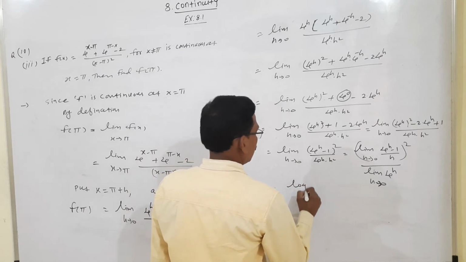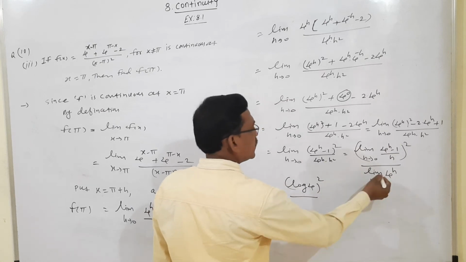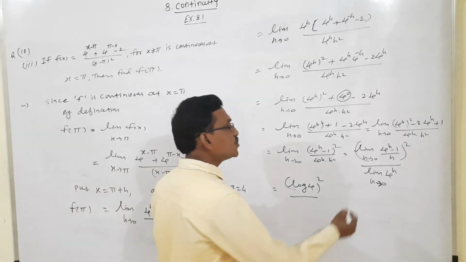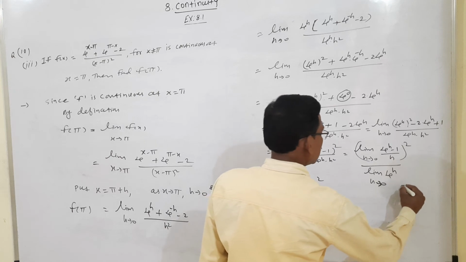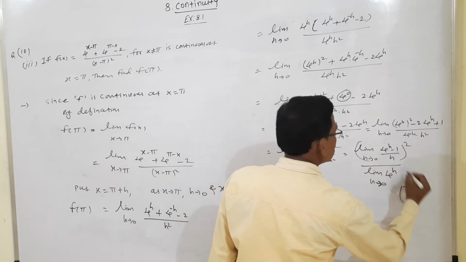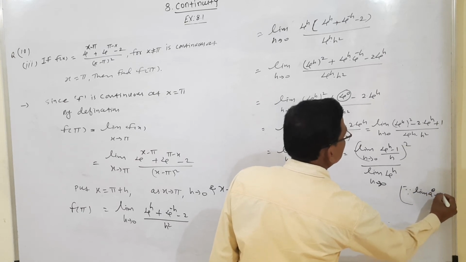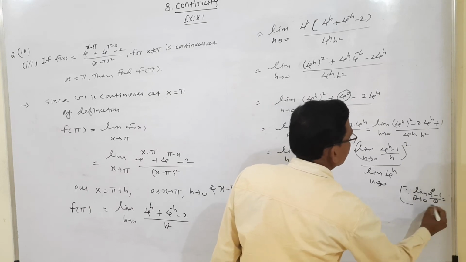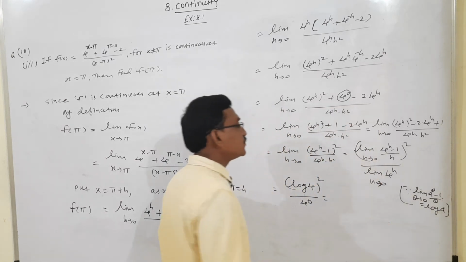So it gives log 4 whole square here, and in the denominator, when we apply the limit it is 4 raised to 0. You may write this formula: the limit of a raised to theta minus 1 upon theta as theta tends to 0 gives log a.